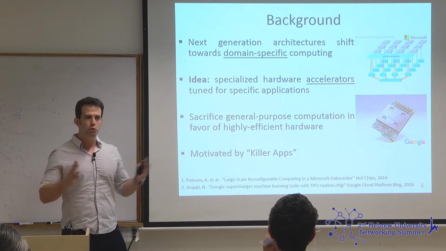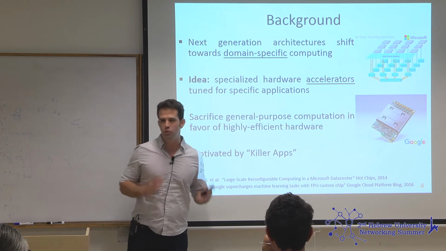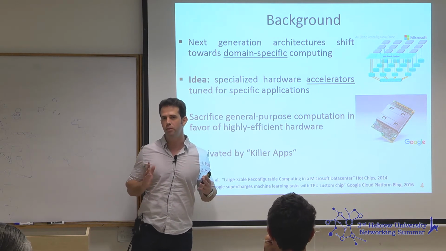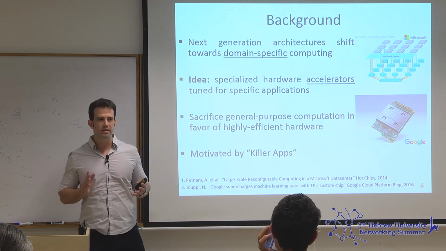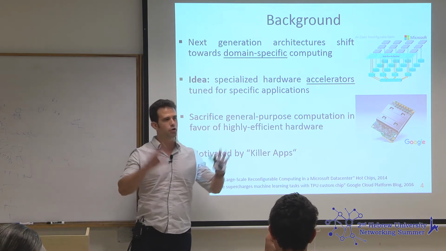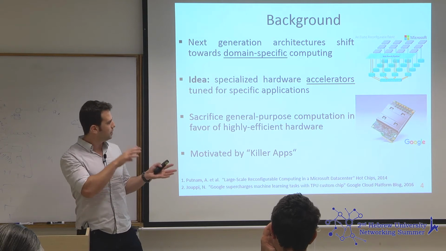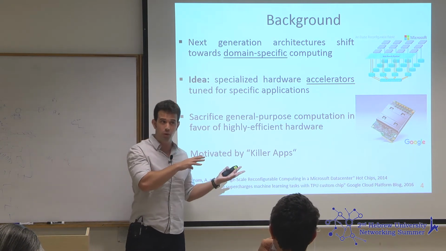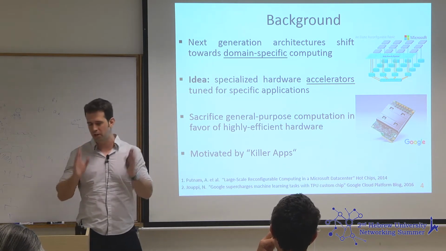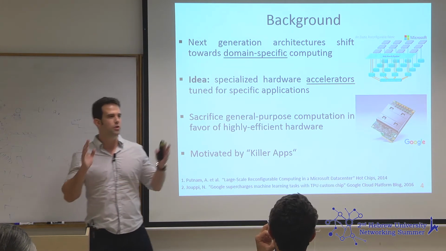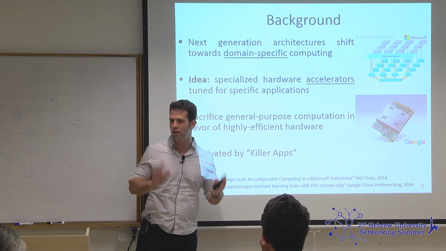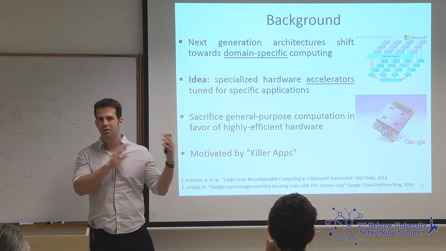So future architectures shift towards what we call domain-specific computing. Basically the idea is that we're going to give up on a general purpose computation model. We will have specialized hardware accelerators which are tailored to conduct specific computations. So you won't have a given hardware that will run your word processor and your internet browser.